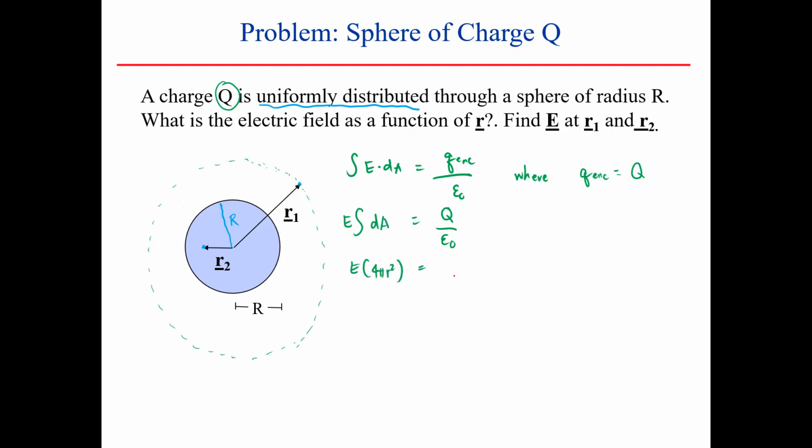Okay? So, Gauss's law is this easy. Although an integral is visible, it is very easy to get. Unlike our previous examples last time, where the integration was very long. Okay? So you have E, and the electric field at this point is just equal to 1 over 4 pi epsilon naught Q over R squared. Okay?